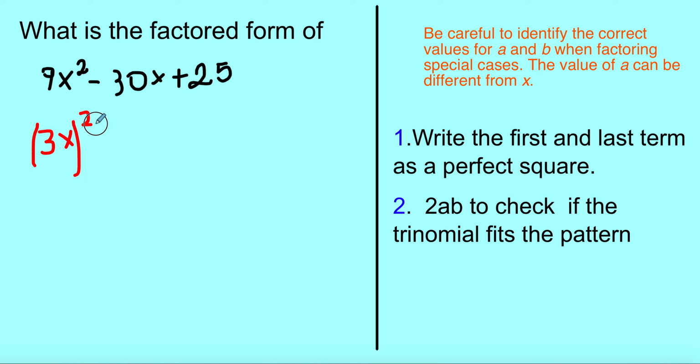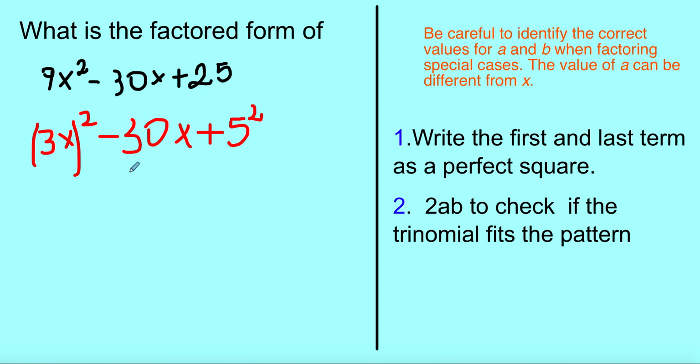This is the first step. We bring down negative 30x, and you should follow these steps when you do your work too, to show these steps. Plus, the last term as a perfect square will be 5 squared. Now we are done with the first step.